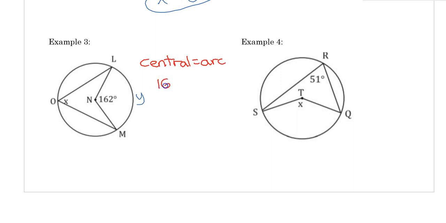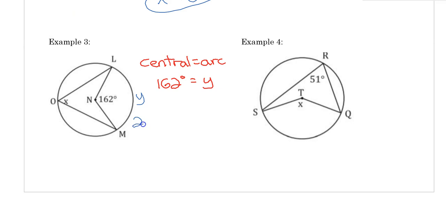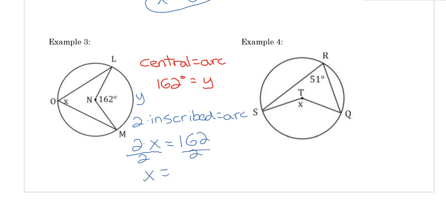My central angle is 162 degrees, which is going to equal y. Easy enough. And then 2 times inscribed equals the arc. So 2 times x equals 162. Dividing by 2 to get x by itself, you get 81 degrees.